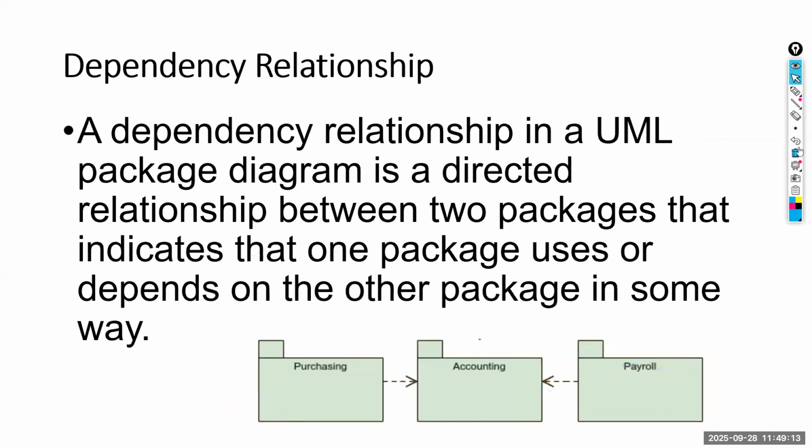Right. So what relationships can we show in a package diagram? You can show the dependency relationship between packages. This is not dependency between classes, which we have already discussed. So we can say that the purchasing package depends on the accounting package. The payroll package depends on the accounting package. So that means purchasing functionality will not work without accounting.